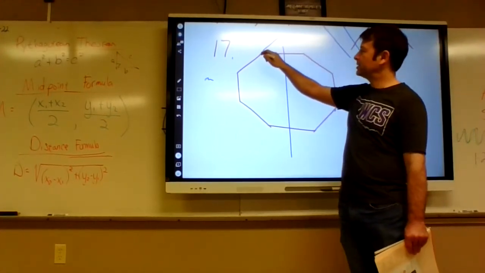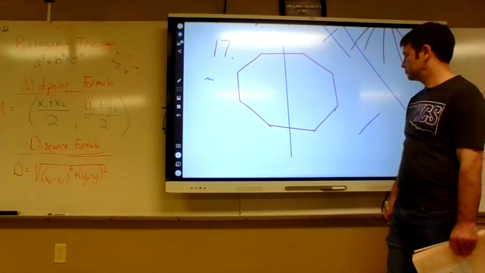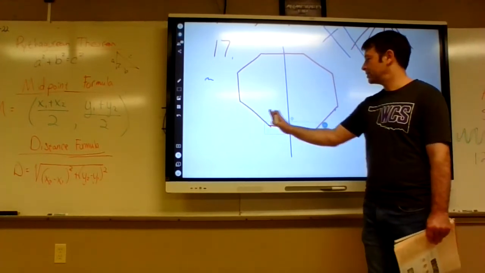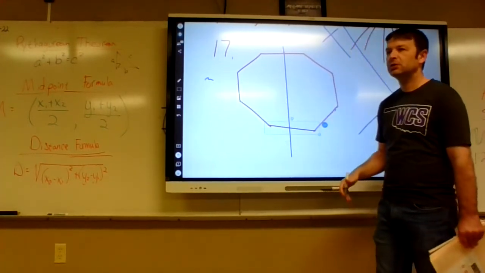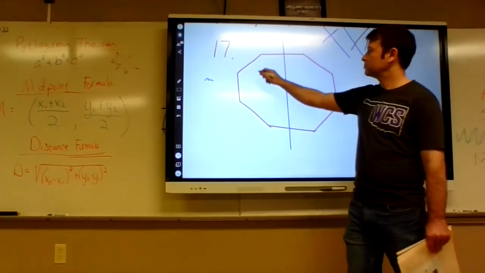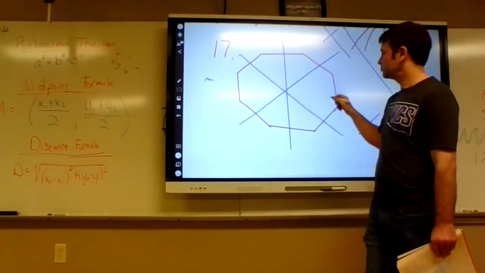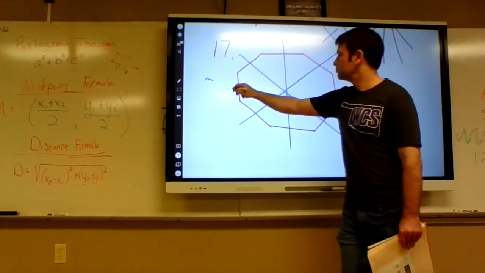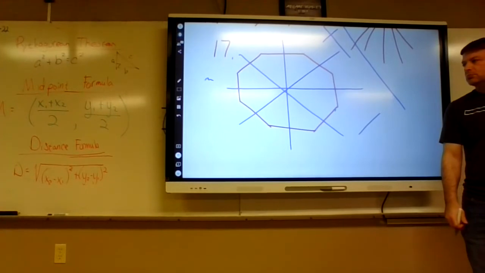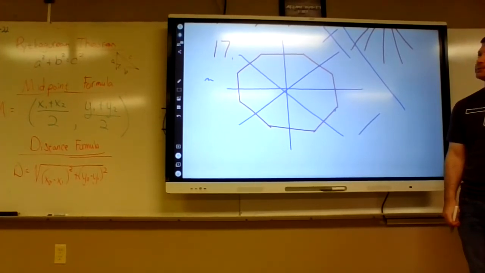Well, then where would the one at the bottom be? It wouldn't be touching anymore. This is hard. So I think you just split the sides on this one, not the vertices.